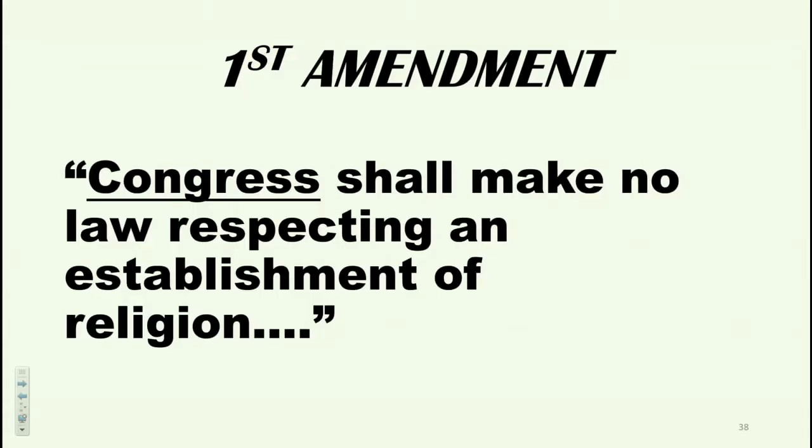So, for example, let's look at the First Amendment, the magnificent first sentence of the First Amendment to the Bill of Rights. What is the level of government that's viewed as the threat to liberty here? And what is the level of government that needs to be restricted? Well, it's the federal government, not the states.